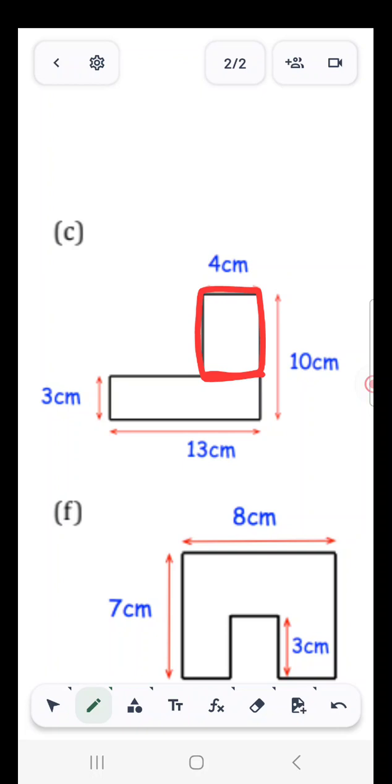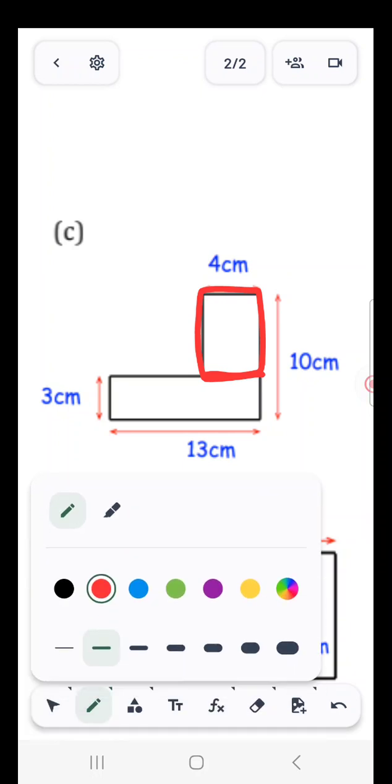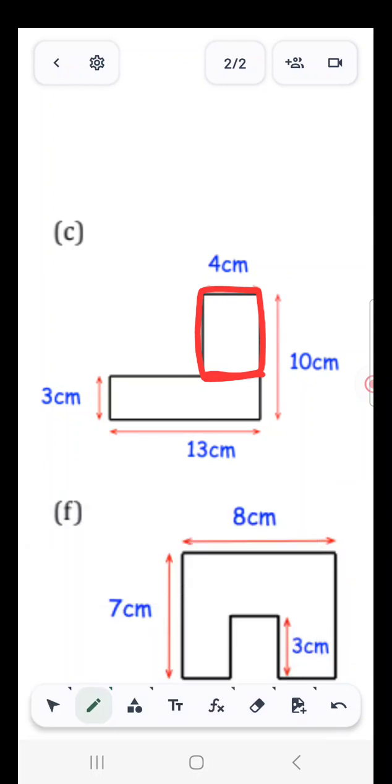It includes the upper rectangle, and it also includes the bottom rectangle. But you can see here that the bottom rectangle's height is 3 centimeters. That means 3 is also here. If you take away 3 from 10, you will get 7 here.